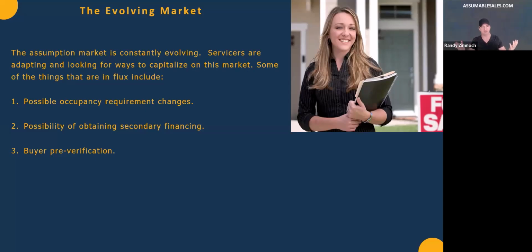Very confusing. That's why we exist. So I would rather have someone like Craig tell me, hey, where am I at? If I sell here or keep this property and buy here, what's my buying power using this entitlement, right? And at Assumable Sales, we work closely with Craig. So if you do use one of our agents, this is something we are seeking to do, to get you pre-verified. Absolutely. We're here for it.